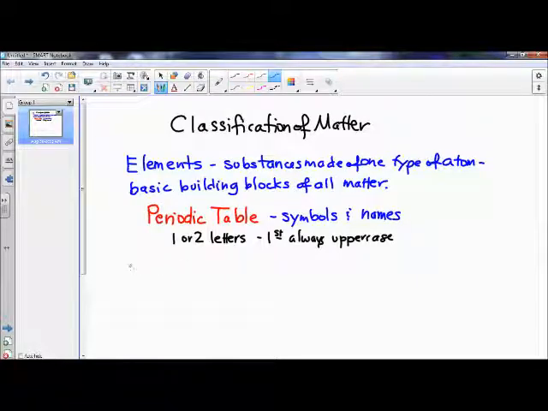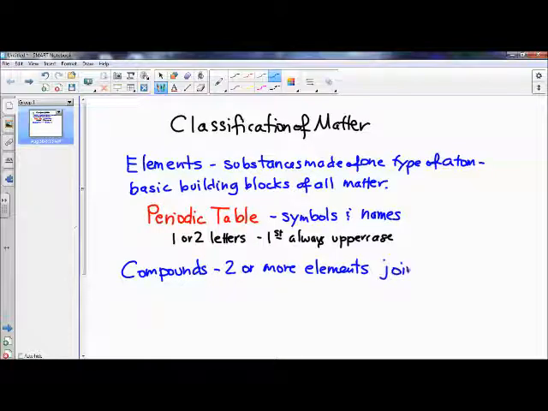The second type of matter are called compounds. Compounds are formed of 2 or more elements joined with a chemical bond. Okay.